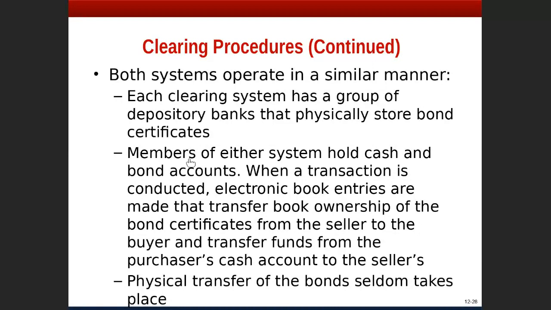When a transaction is conducted, electronic book entries are made that transfer book ownership of the bond certificates from the seller to the buyer and from the purchaser's cash account to the seller's account. A physical transfer of the bonds seldom takes place.